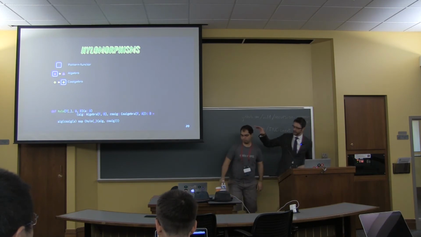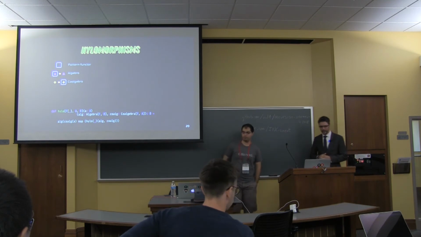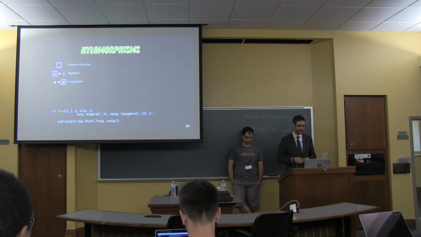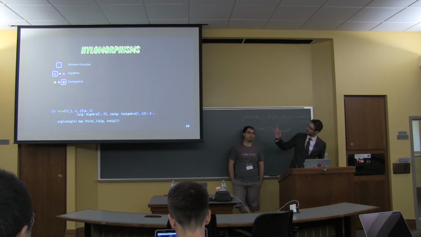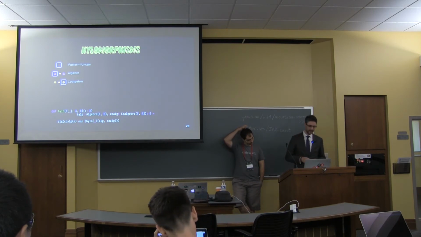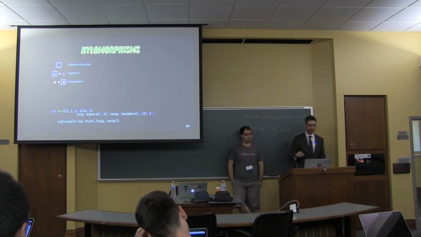On the bottom of the screen, you have the real definition of the hylo function. And we'll try to illustrate that with a little diagram. So these purple squares represent our pattern functor. We have the algebras and coalgebras. So an algebra is just an F of A to A. So it's a little square with a triangle to a triangle.